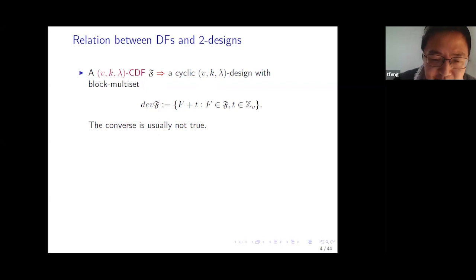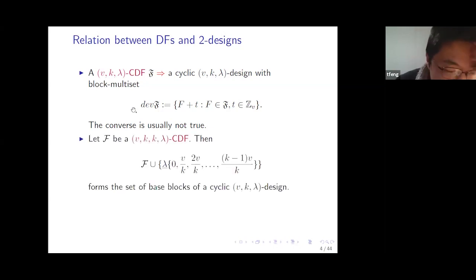Full orbits means the block orbit is of length v, but when we construct a design, maybe its block orbit is short. So if a cyclic design must contain a short orbit, we cannot construct it using a (v,k,lambda) cyclic difference family. But if a cyclic design contains a short orbit, we can use another type of cyclic difference family, for example a (v,k,k,lambda) cyclic difference family.